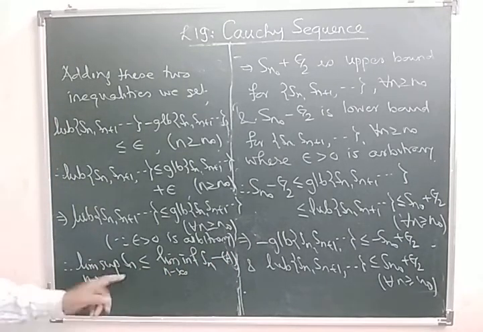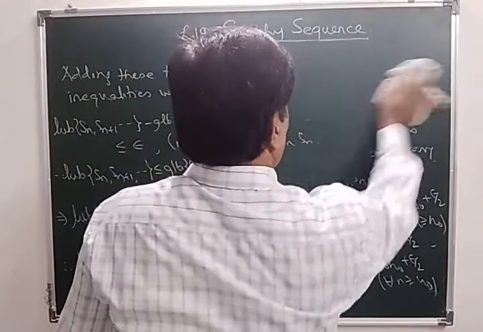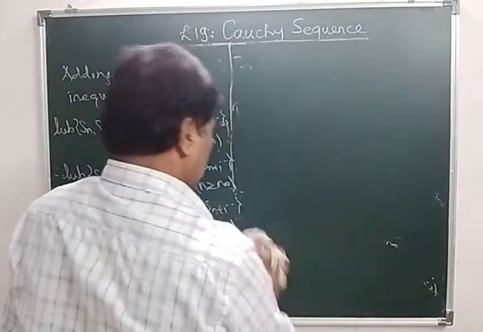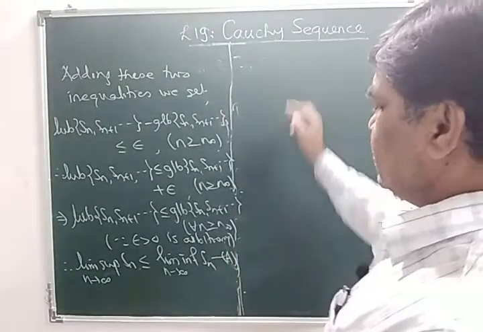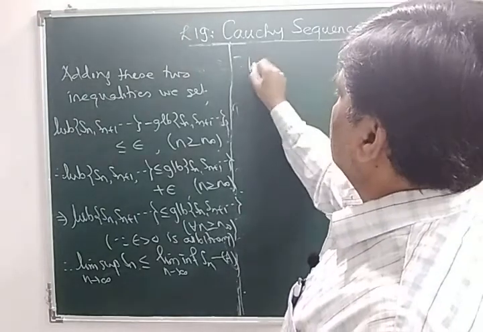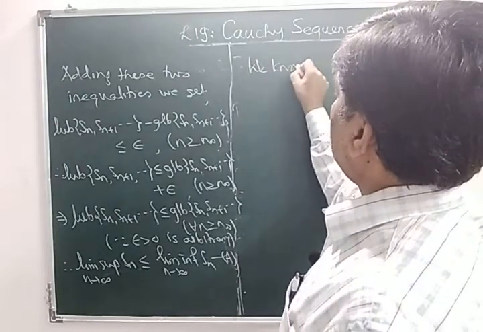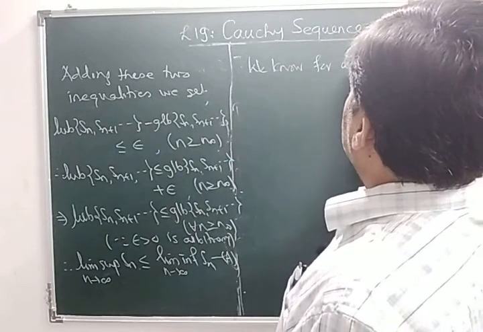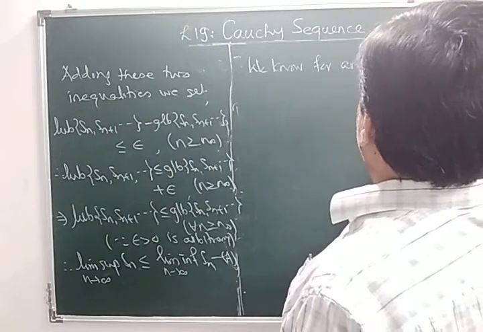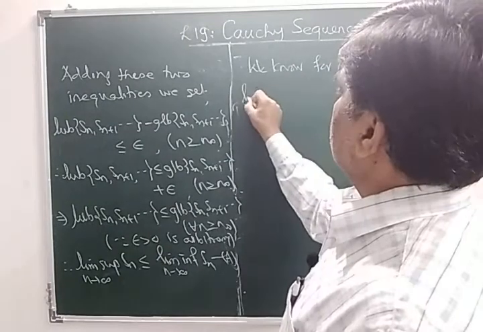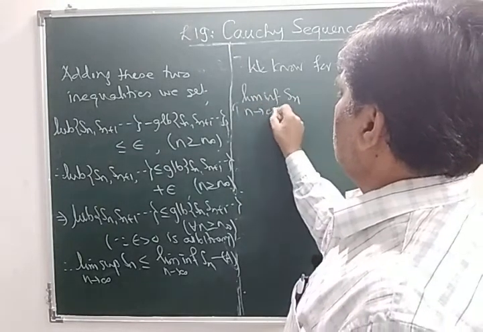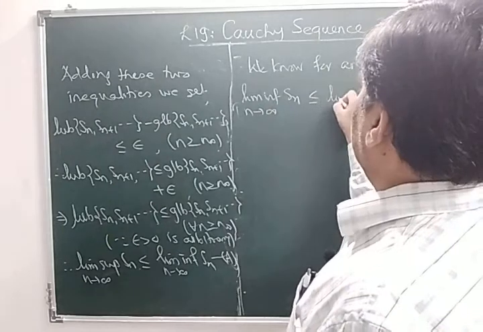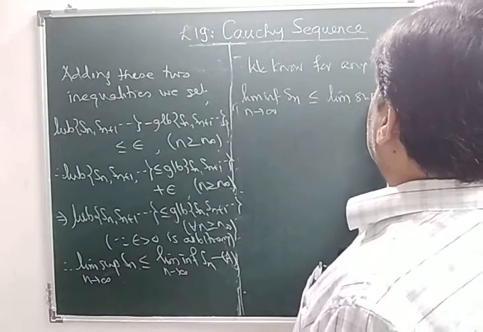We also know for any sequence Sn, whatever it may be, bounded or unbounded, lim inf is always less equal lim sup. We know for any sequence Sn, lim inf of Sn, we have proved this result, is less equal lim sup of Sn.